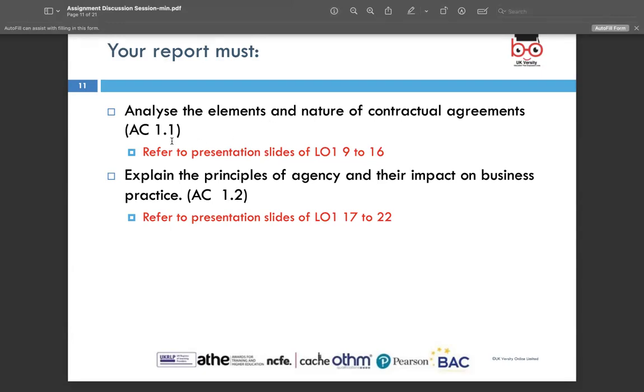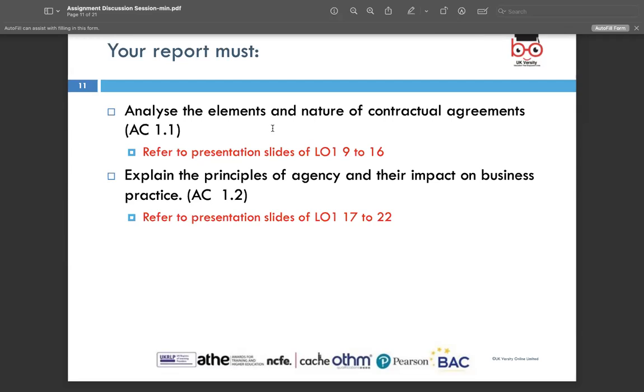This is session 1.1, that refers to the presentation slides, learning outcome 1, pages 9 to 16. So, elements of a contract, like offer and acceptance: outline how an offer must be clearly communicated and accepted without modifications. Consideration: explain the necessity of consideration, which refers to something of value exchanged between the parties.